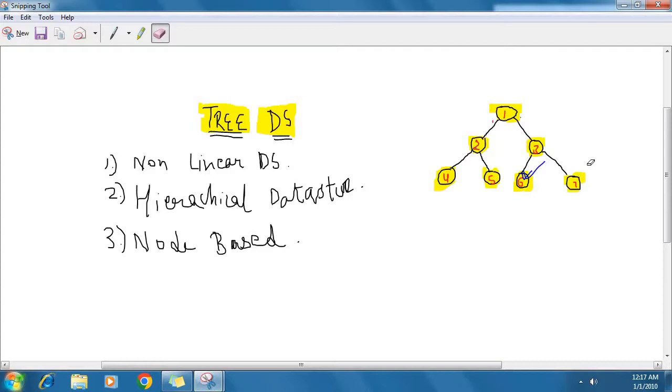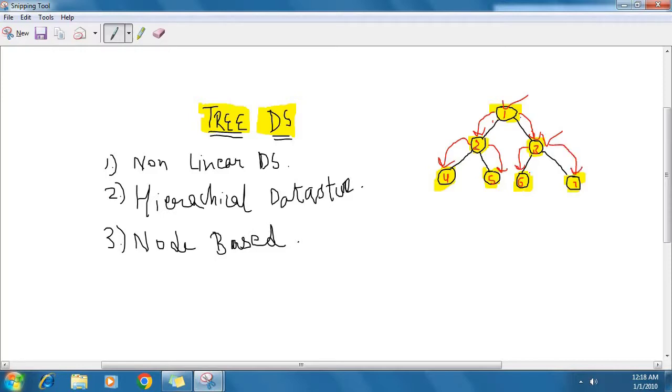Now let's talk about the leaf nodes. What is a leaf node? See here, if we talk about this particular node, as you carefully observe, it has two children, one is this and another is this. Similarly this node has two children, and this node has two children, one is 6 and one is 7.